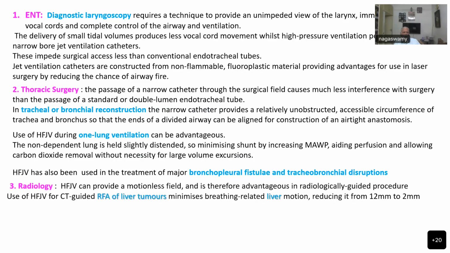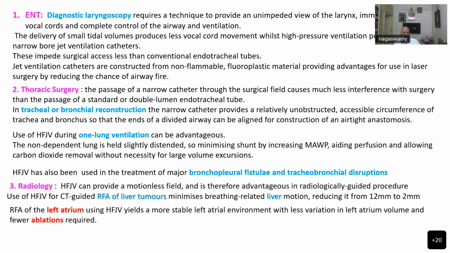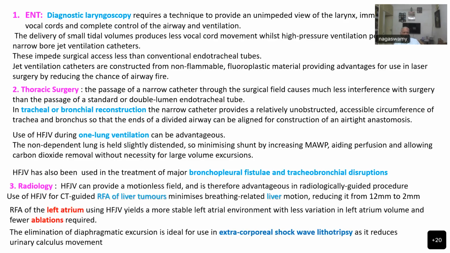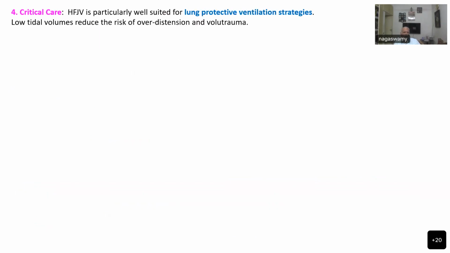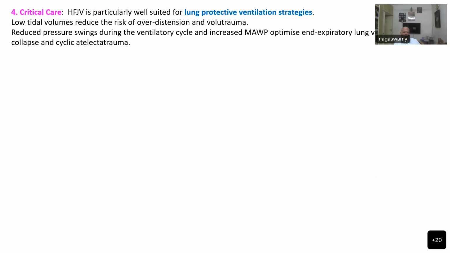And in radiology, you can use it for radiofrequency ablation of liver tumor or left atrial myxoma ablation, or you can use it in extracorporeal shockwave lithotripsy also, where you don't want the diaphragmatic excursions which will alter the position of the urinary calculus. And in critical care, you can use it for lung protective ventilation strategies with low tidal volumes, and you can have reduced pressure swing during ventilatory cycle.